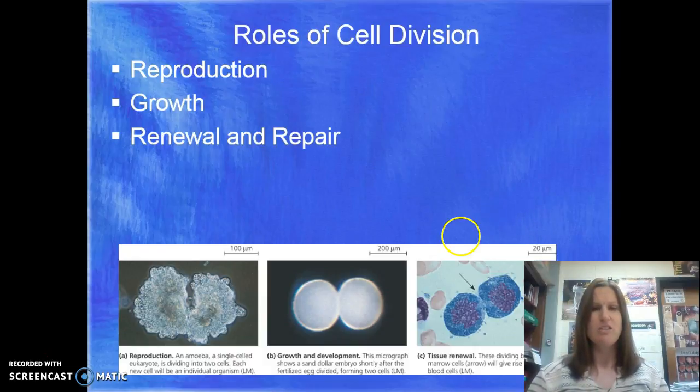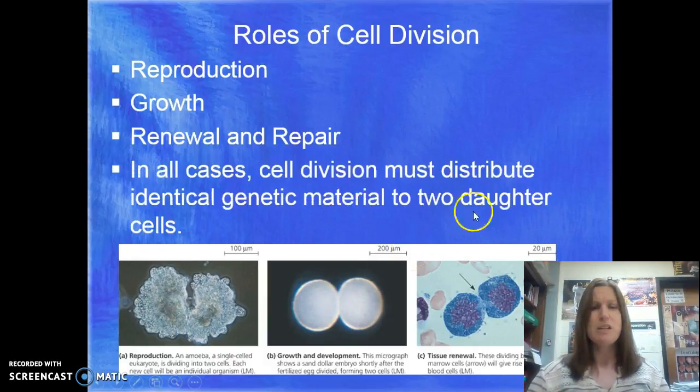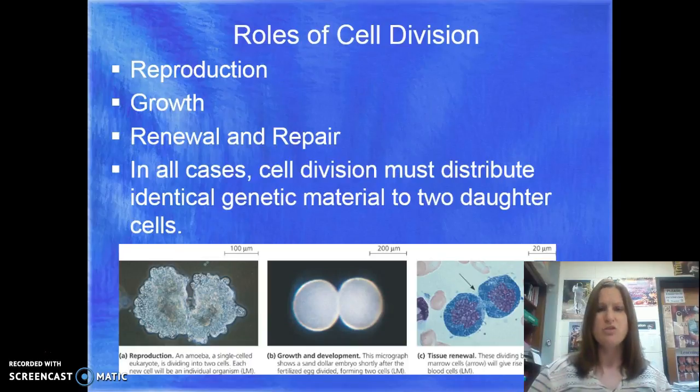So renewal and repair is extremely important. But in all cases, the cell division must distribute identical genetic material to two daughter cells. We want those daughter cells to be exactly the same as the original parent cell. And we'll talk about what happens if that doesn't occur, and a lot of times that's a problem.